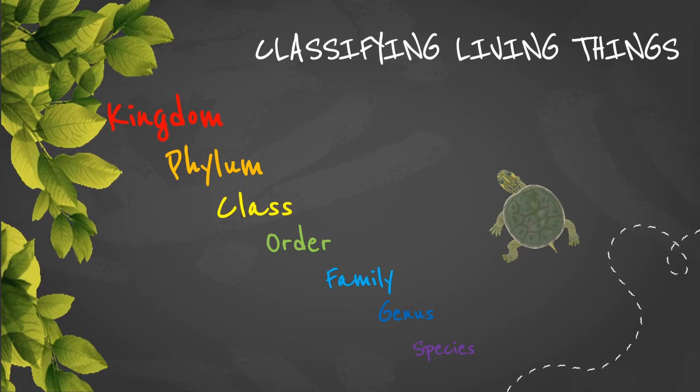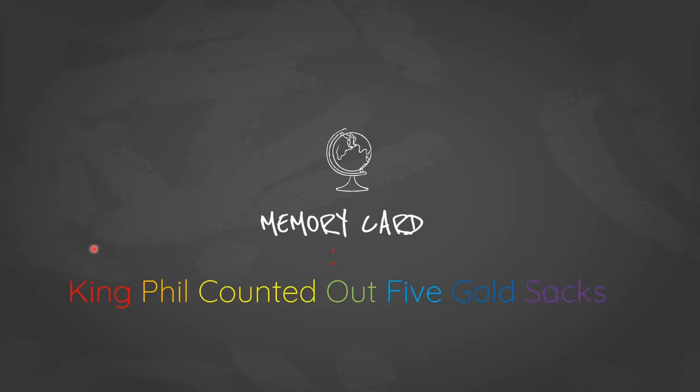Well, we have a memory card to help you out. King Phil counted out 5 gold sacks. Kingdom, phylum, class, order, family, genus, and species. So King Phil counted up 5 gold sacks.